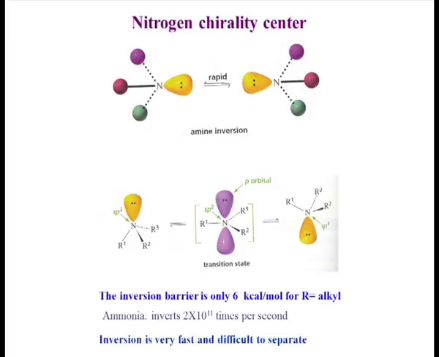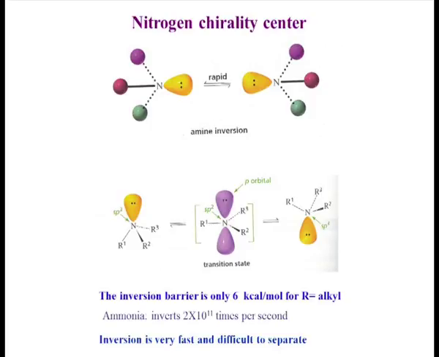So, is amine inversion very slow or very fast? Common knowledge says the inversion barrier is only 6 kilocalories per mole for alkyl groups R1, R2, R3. If they are alkyl, they can be converted from one enantiomer to the other just by putting in a little energy, about 6 kilocalories. So, they are in rapid equilibrium.